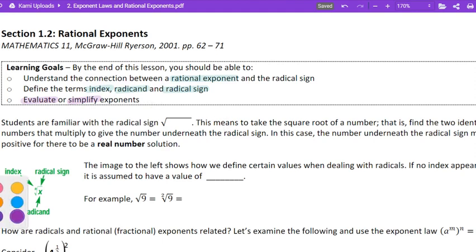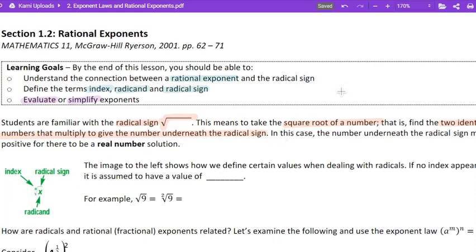All right. So students, you are familiar with the radical sign. This sign here, which you know of as the square root sign, is actually called the radical sign. And when we've used the radical sign, most times it has meant that we've been taking the square root of a number. When we're finding the square root, that meant finding two identical numbers that multiply to give the number underneath the radical sign.